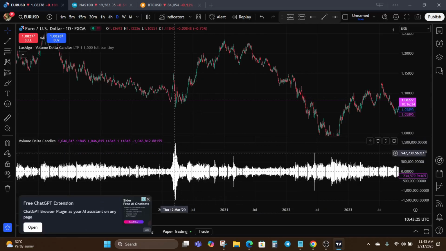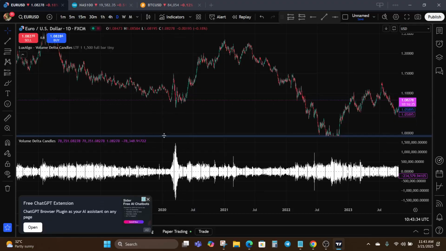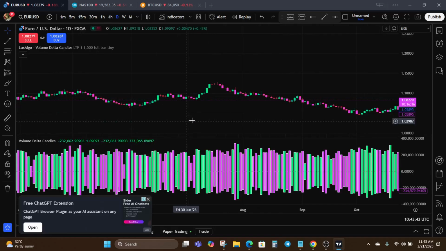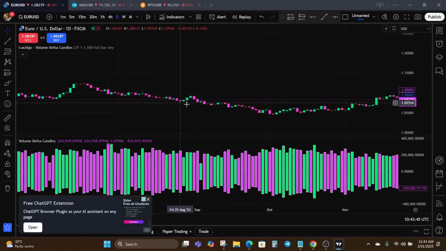You can see what happened here, an aggressive shoot, and guess what? You look at how price reacted. If you see an increase in volume delta near support or resistance, it can signal a breakout or rejection.